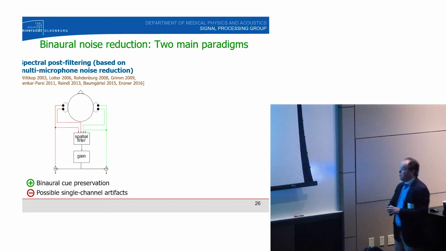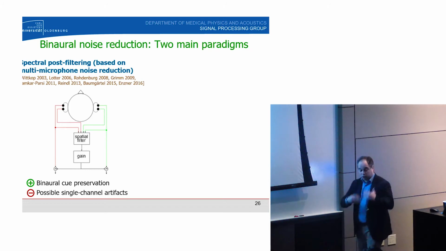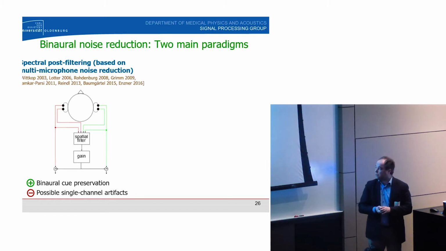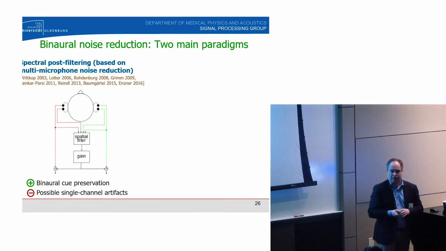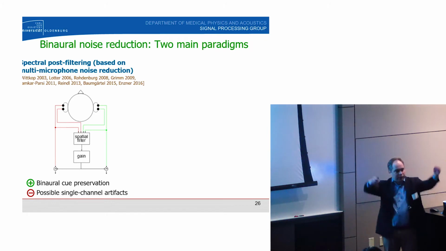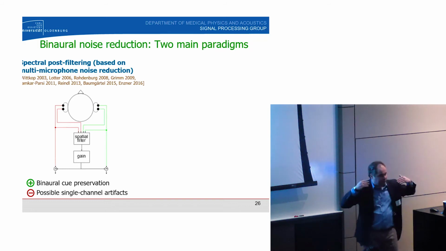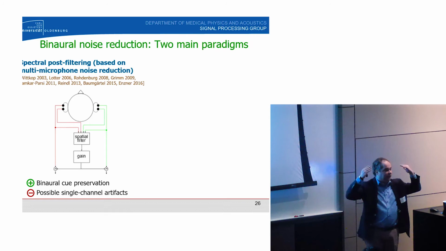There are 2 main paradigms, I would say. One is in order to both do noise reduction or speech quality and intelligibility enhancement, and spatial awareness preservation. One of these techniques is rather simple, but still definitely quite good, is to say, well, when I apply the same gain, real valued or complex valued, on both sides, on the reference microphone on both sides, actually I will not change the cues of all sources.